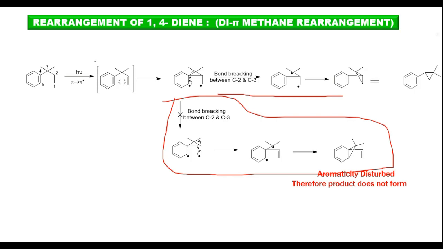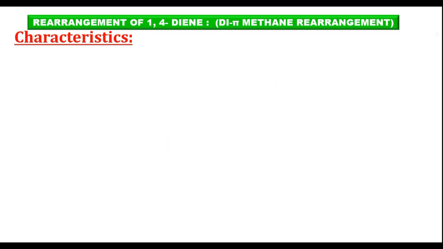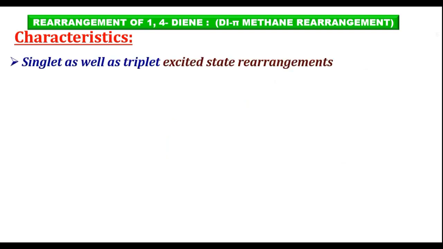Let's see what are the characteristics of the 1,4-diene rearrangement reaction. This reaction takes place in the singlet state as well as the triplet excited state, and these are solution state reactions. They always take place in solutions.